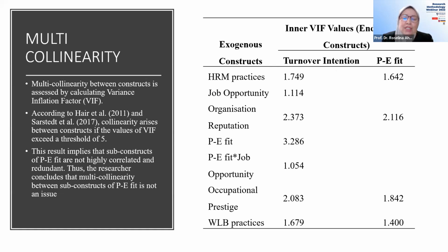I'm not sure how many of you understand the words endogenous and exogenous. Exogenous normally refers to the independent variables. And endogenous, if you have a mediating variable, the one in the middle, it can be your dependent variable.